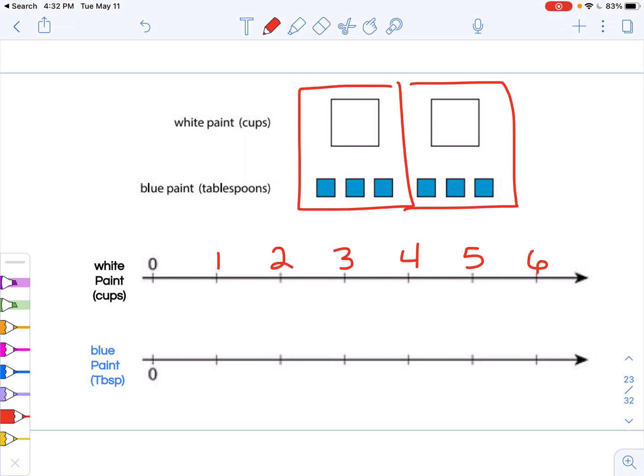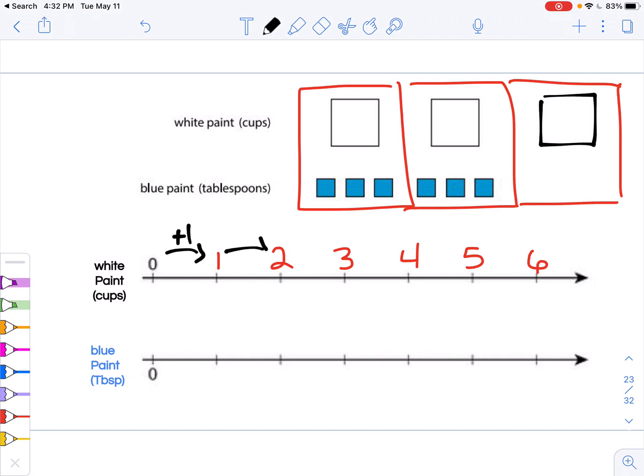It's a +1 pattern because if I drew another box on top, I would put in 1 big box for white paint. That's why it's +1 on the top. +1. All right. For the blue tablespoons, the blue paint, sorry, that's tablespoons.